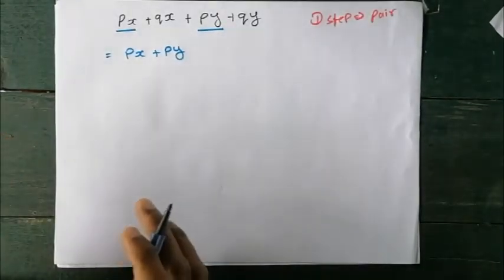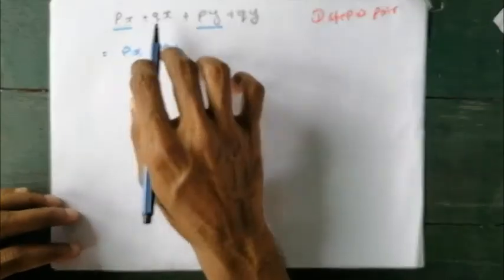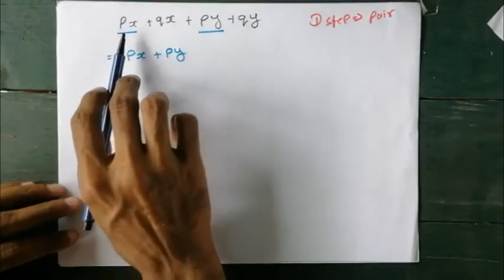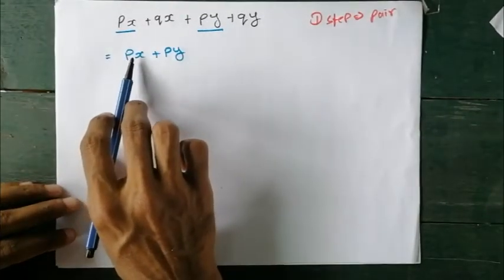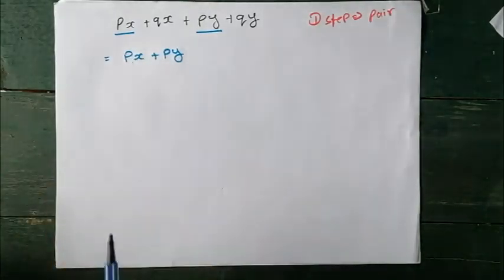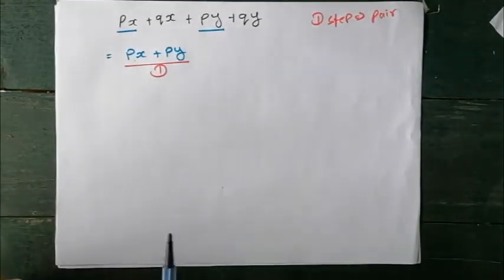I am going to pair it with p, because when I look at these four terms, I can pick p as a common term. So I will pair the terms which have p as the first. Okay, this is the first pair, like the previous one.